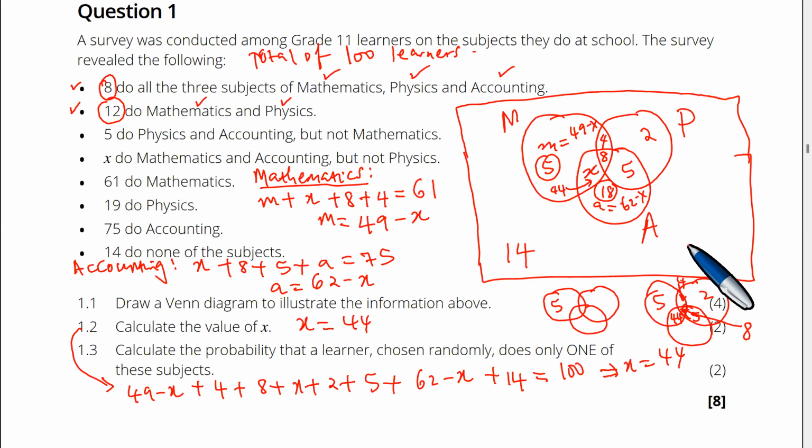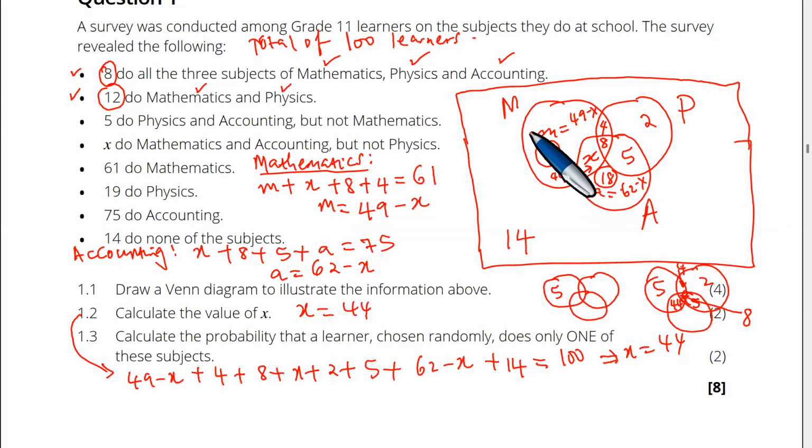So now we think and then say, what is the probability that a student chosen at random does only one of these subjects? So now that would mean you can actually consider one of these. If a student does accounting only, you have 18. If a student does physics only, you have 2. If a student does mathematics only, you have 5.